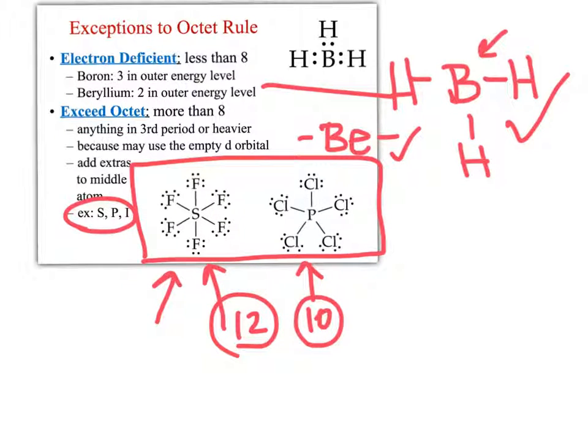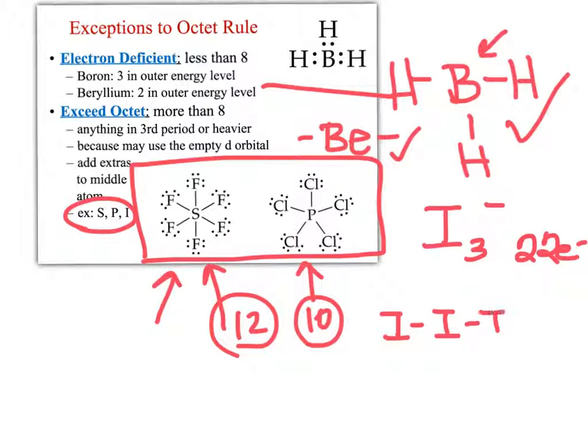Or here's another example. Let's say we're talking about the triiodide ion, which is I3 with a negative charge. This has a total of 22 electrons to place. If we start, we have I connected to the other 2, like this.